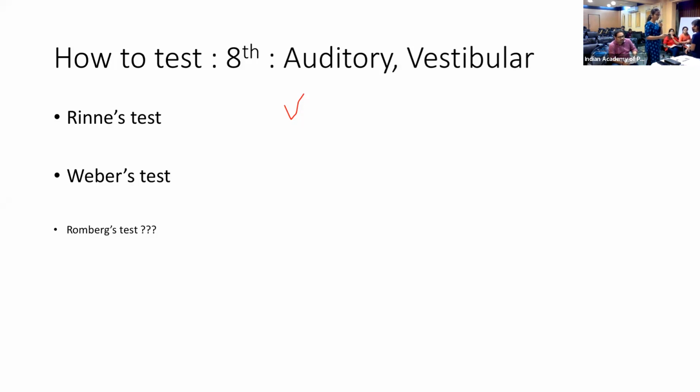Once she recognizes that sound or feels the vibration on the bony prominence, we keep it there, and once she stops hearing it, we get it in the front and ask if she can still hear it.